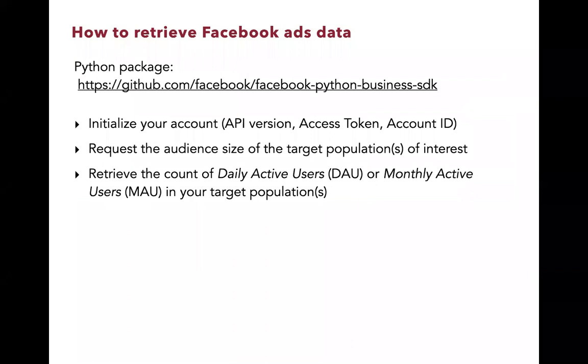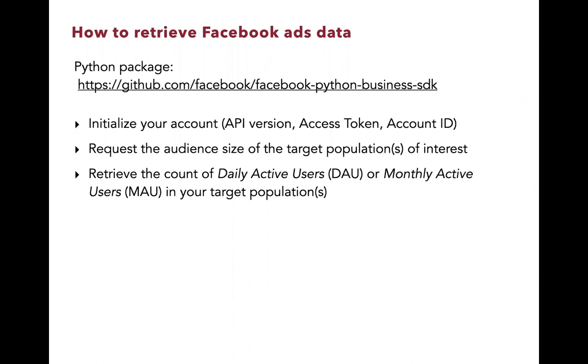So now that you have everything, and if you are a Python user, you can access the Facebook Marketing API through this Python package, which is quite simple to use and has a lot of functions already implemented. And basically, you just need to initialize your advertisement account with the parameters you got in the previous steps: the API version, the access token, and the account ID.